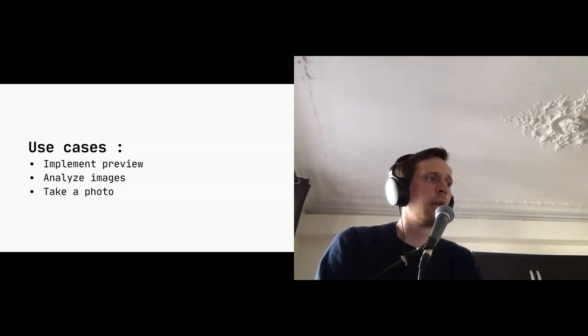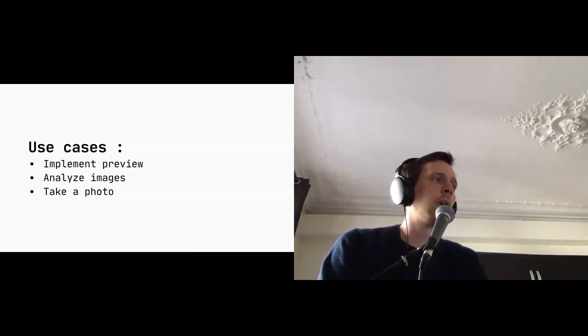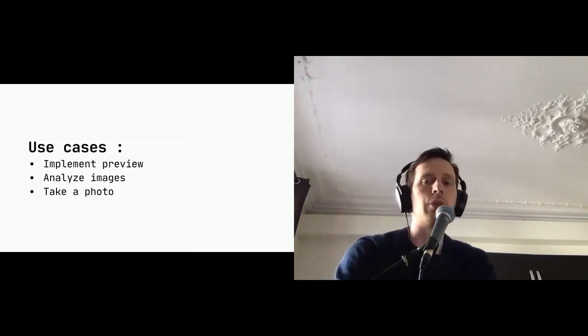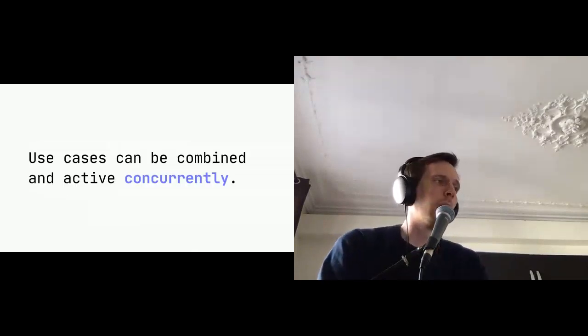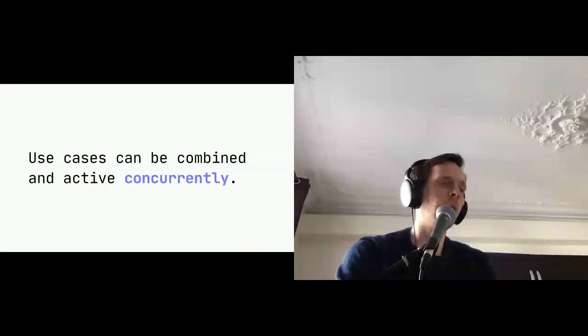The concept is having use cases. So they implemented 3 use cases: a preview, a use case to analyze images, and take pictures or video. We're going to use the first and the second use case. What is great is that all the use cases can be combined and active concurrently thanks to the executor object from Java.